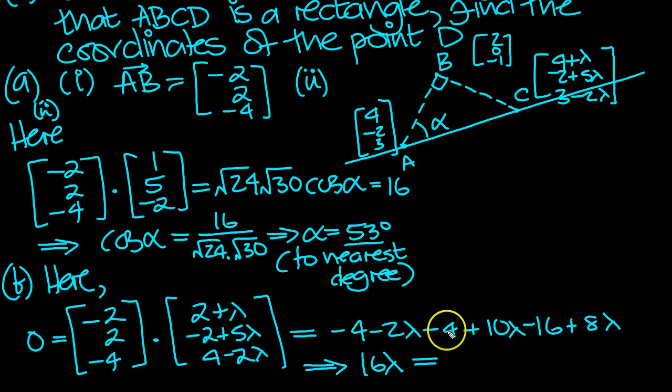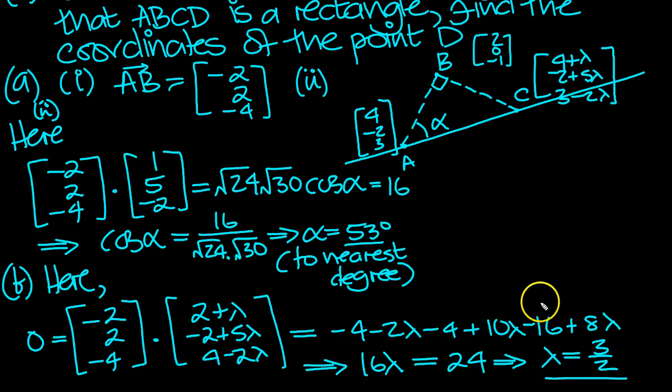Move that over to plus 24. Lambda's 3 over 2, isn't it? 24 over 16 is none other than 3 over 2.